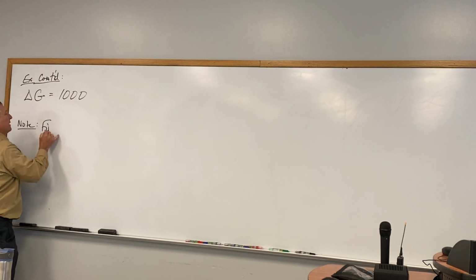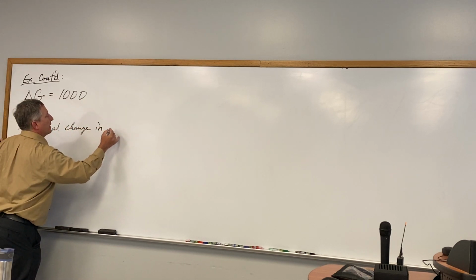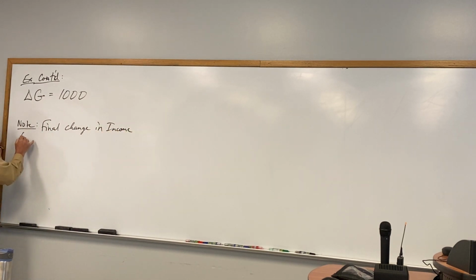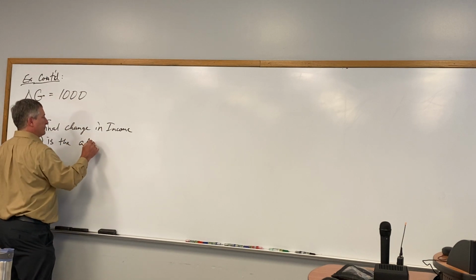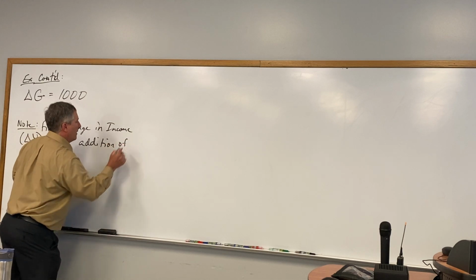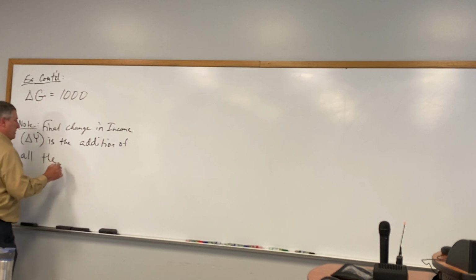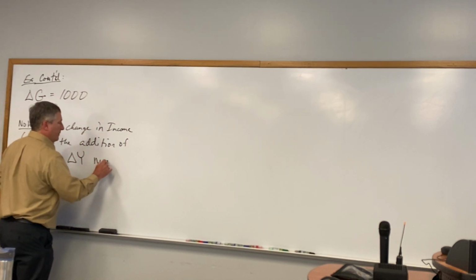The final change in income, which is our triangle Y, is the addition of all the change in Y numbers.